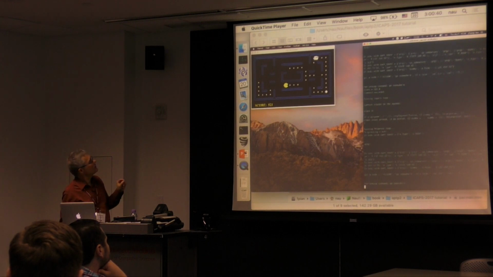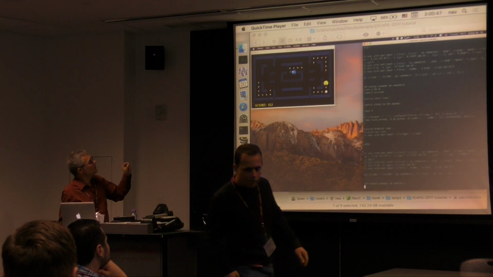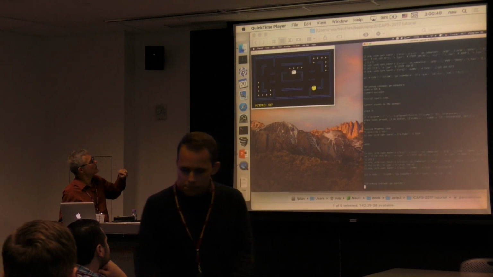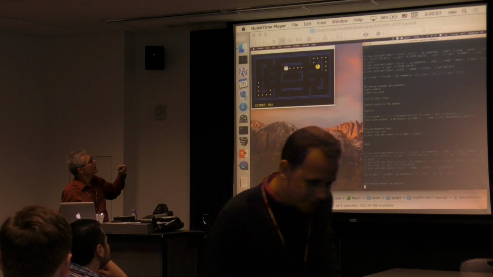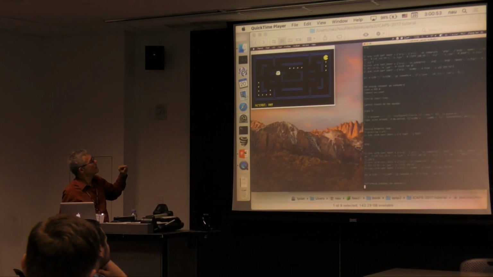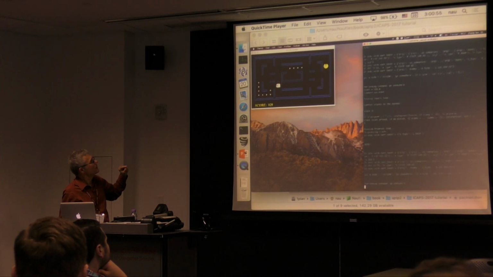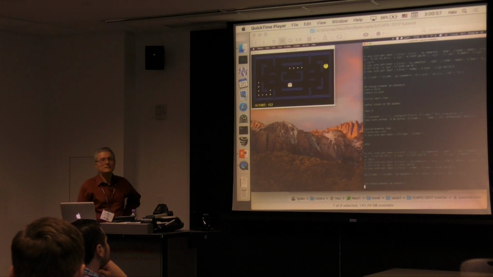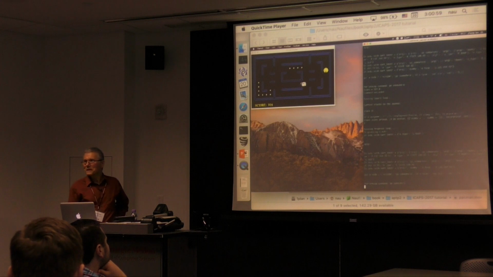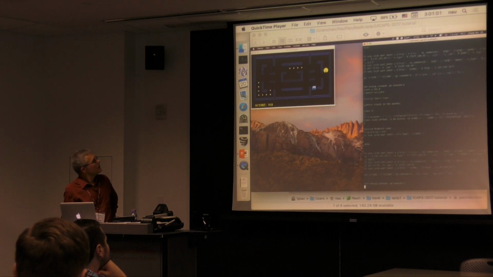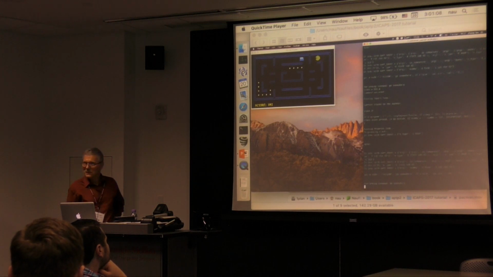Also, the strategy that it uses is not always the most intelligent strategy. Sometimes you'll see the thing going back and forth because it can't figure out what to do. Has that happened yet? There. But on the other hand, as something that a student did as part of a term project, it's pretty cool.